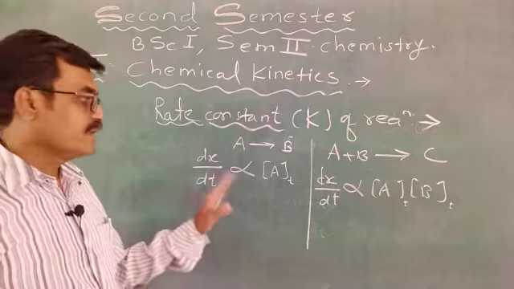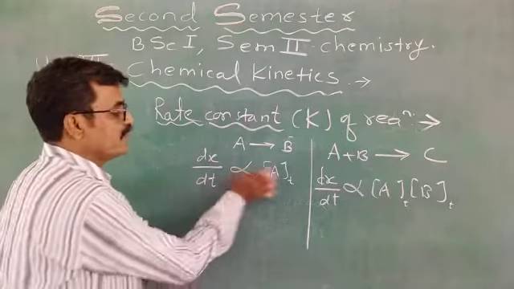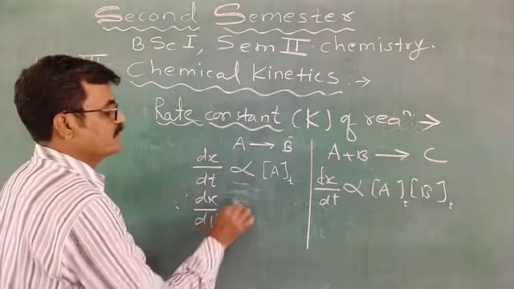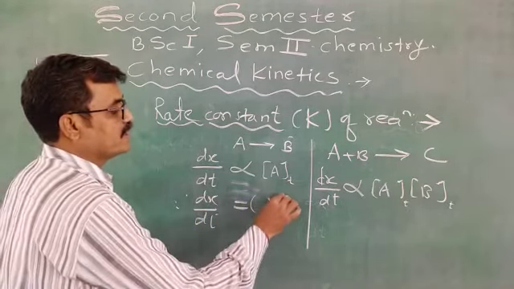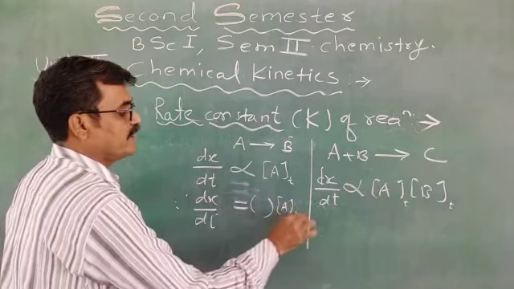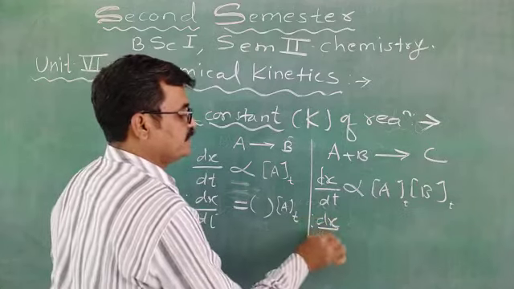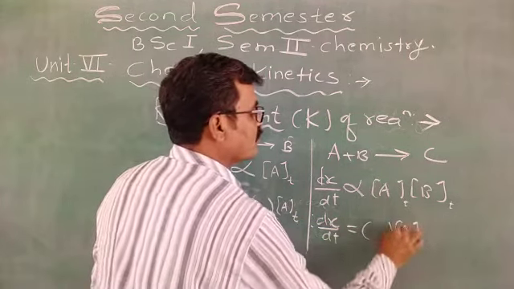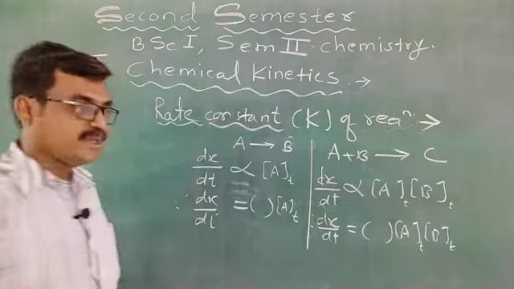If this proportionality sign is removed, then dx by dt equals some constant into the concentration of A at time t. Similarly, dx by dt equals some constant into the concentration of A at time t into the concentration of B at time t.